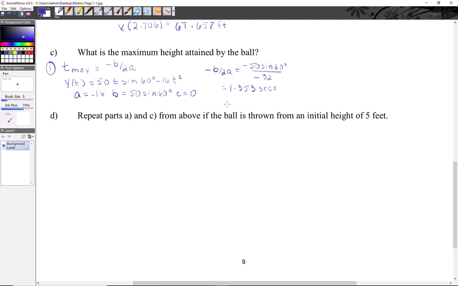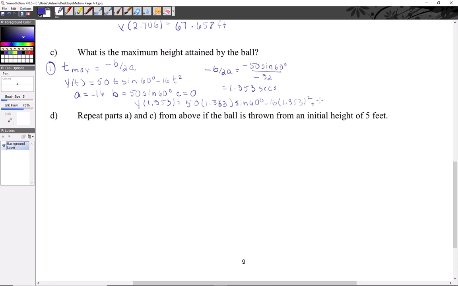All right? So then all we have to do is just go ahead and do y at 1.353, evaluate that, and that'll just be equal to 50 times 1.353 sine 60 degrees minus 16 times 1.353 squared.